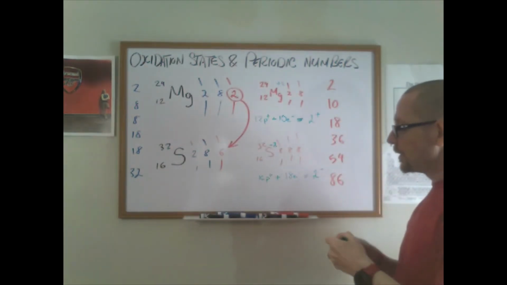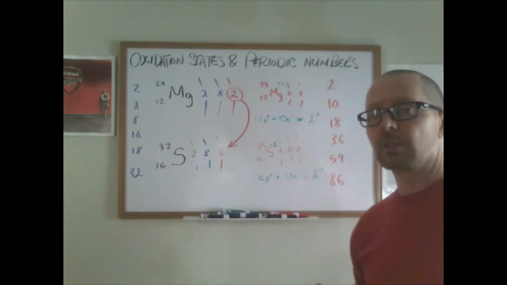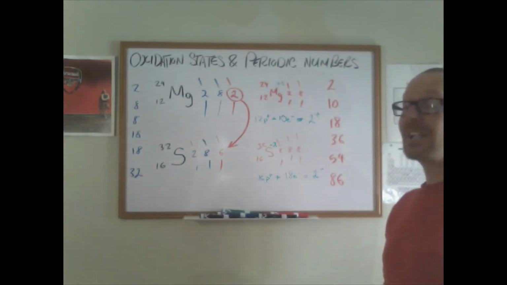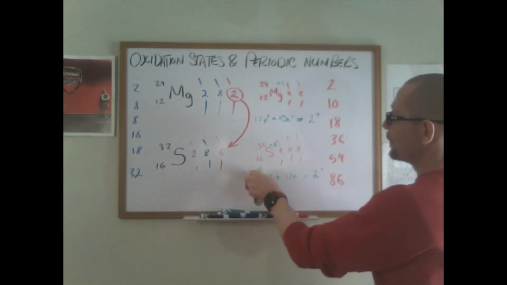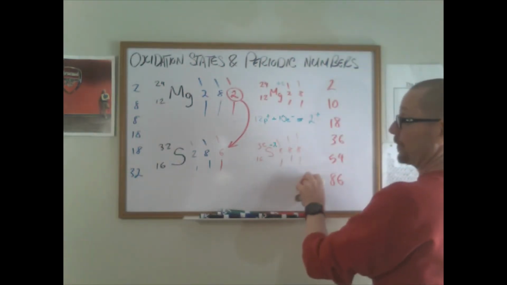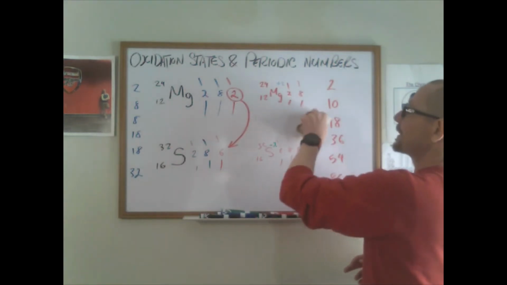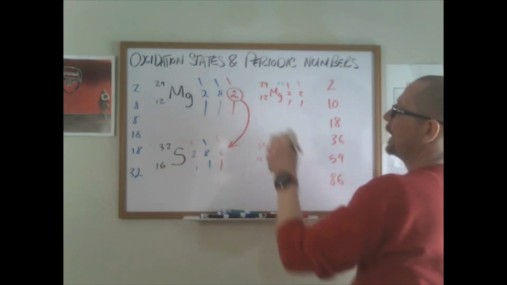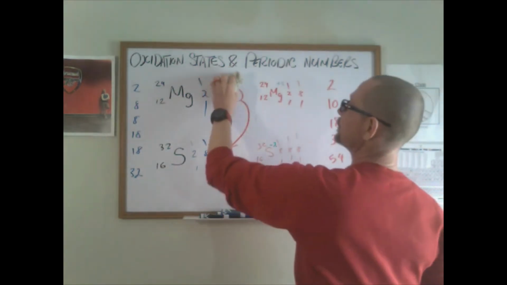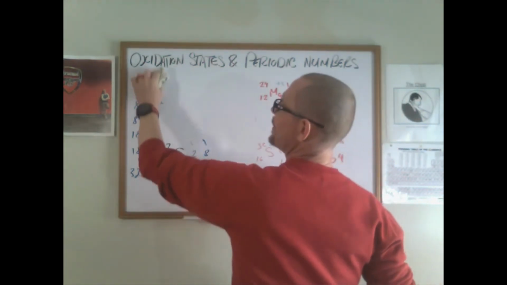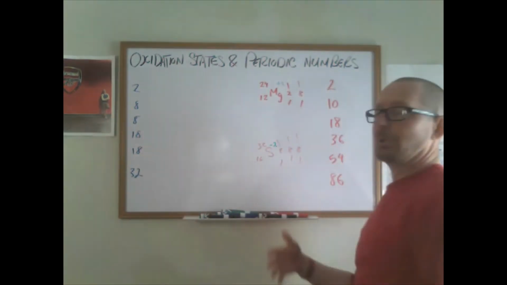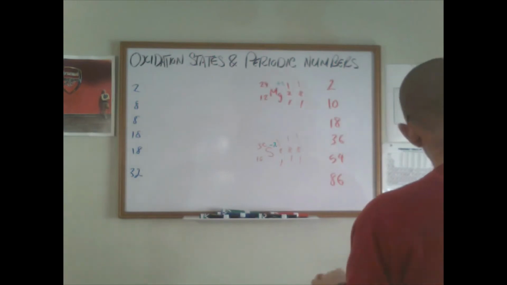So now what I've done by exchanging those valence electrons, those outermost electrons, is I've created ions. And in this case, wonderfully, I've created a magnesium cation and a sulfur anion. Anions and cations mutually attract each other.